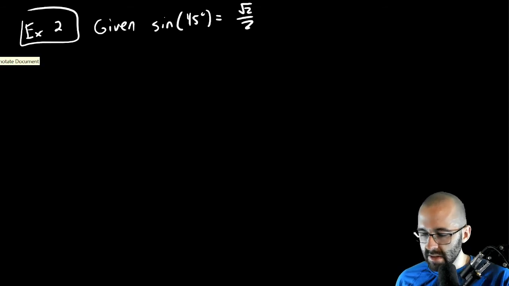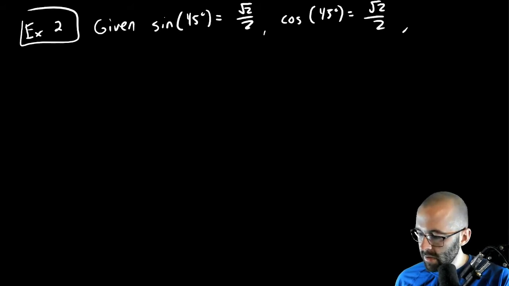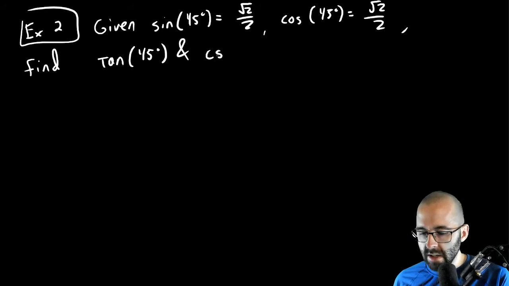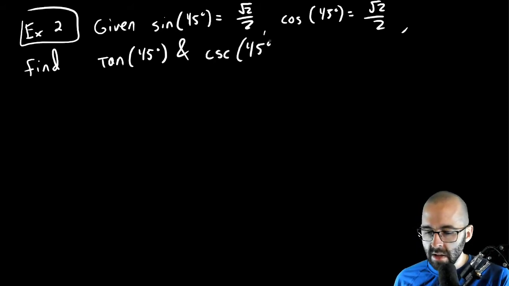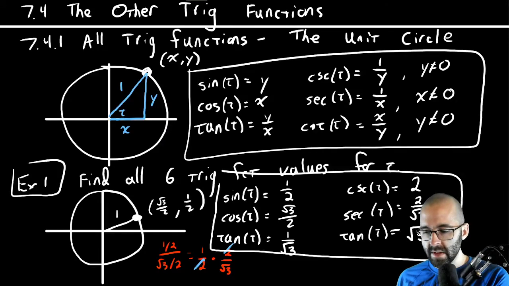Given this, and given that cosine of 45 degrees is the same thing, find the tangent of 45 degrees and the cosecant of 45 degrees. Let's go back to the previous page, just one moment.